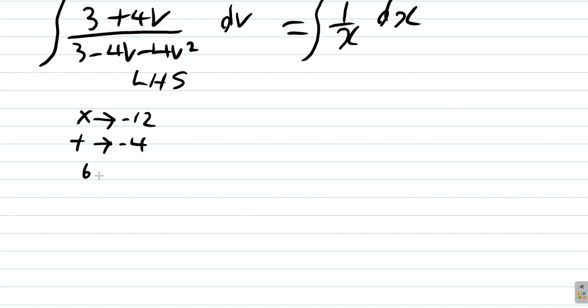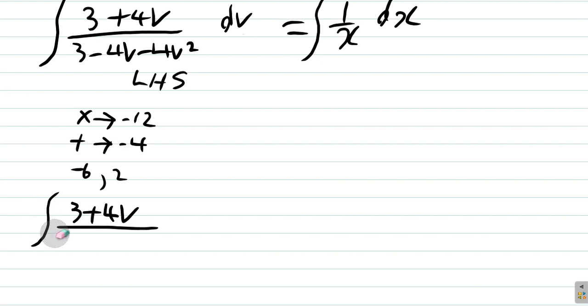Let's see, 6 and 2, could that work? Negative 6 by 2 is negative 12. Negative 6 plus 2 is negative 4. Alright.